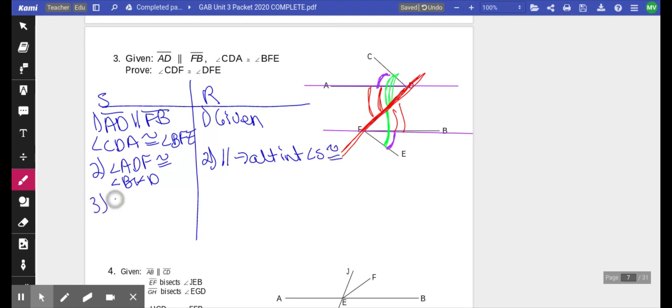I then can add those together, CDA plus ADF is equal to BFE plus angle BFD. And that's addition.